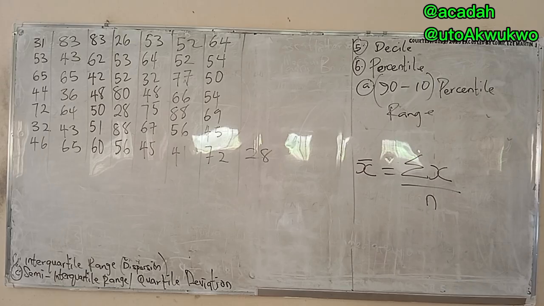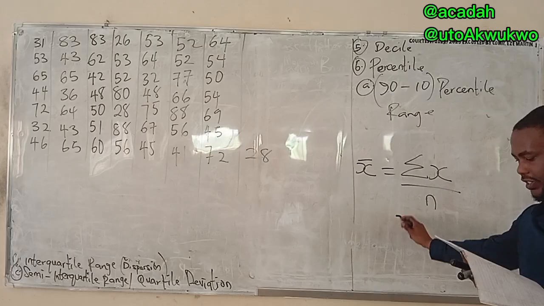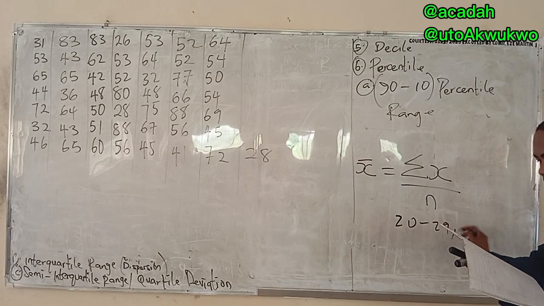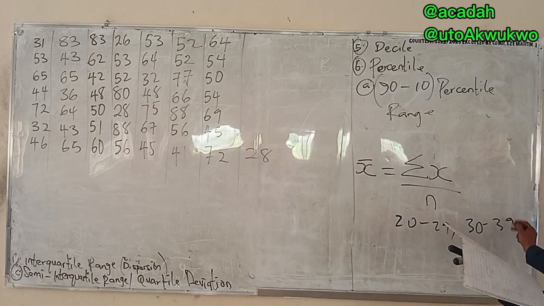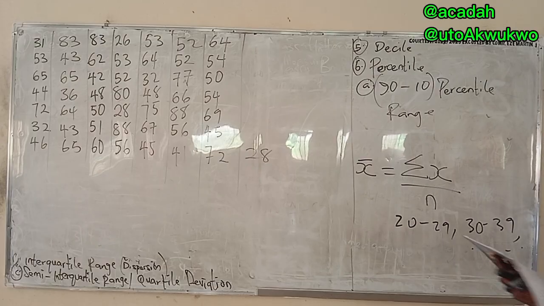Using the classes 20 to 29, 30 to 39, and so on. If you check the PDF I sent to the group, the first question there is what we are solving. So A says form a group frequency distribution from the data. Now the B part is another part.